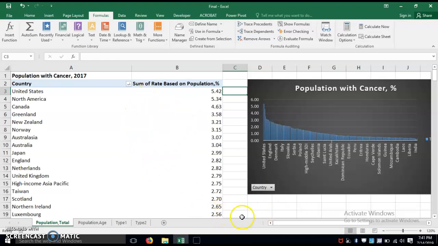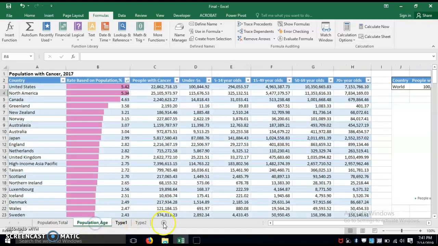So let's start over. Here is the pivot table that I created from this data, showing that the United States has the highest rate of people having this disease. 5.42% belongs to the United States, then North America, then Canada, Greenland.